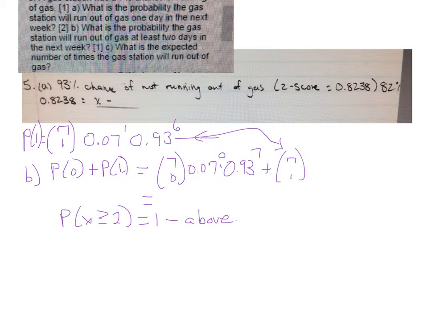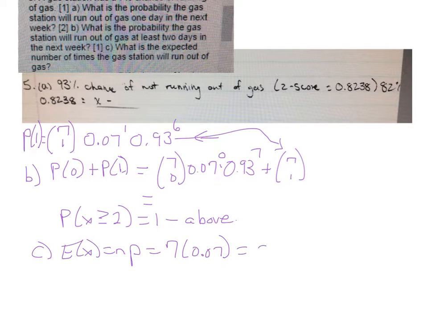So for part C, what is the expected number of times that the gas station will run out of gas? If it's 7% chance of it running out of gas, then we have 7 days. So if we use the NPEX as expected value equals NP, we have 7 days and a probability of 0.07 of running out of gas.